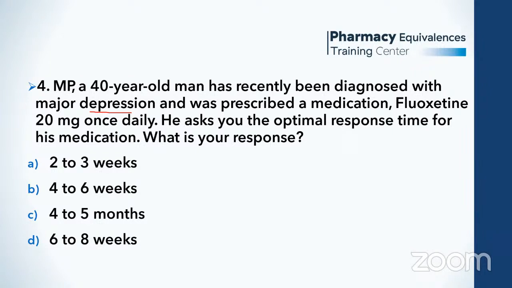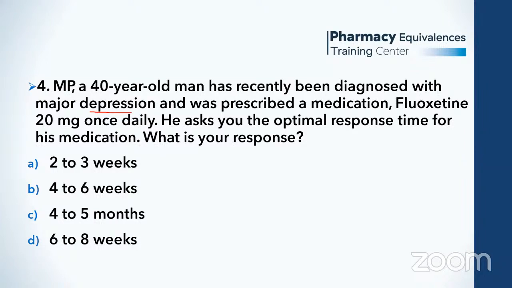What is your response? Here you should know a very important thing regarding the antidepressant agents. The antidepressant will not give a full response before at least 4 weeks. Okay, at least 4 weeks.